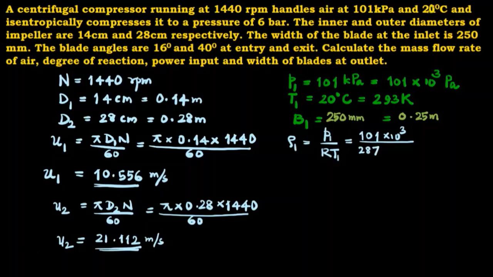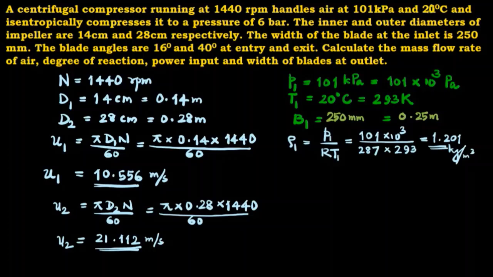If it is not given, please assume the specific gas constant of air as a perfect gas is 287 joule per kilogram Kelvin, into temperature T1, which is 293 Kelvin. In appropriate units, you will get the density as 1.201 kilogram per meter cube, the density of air at inlet to the compressor. Please verify the calculation.